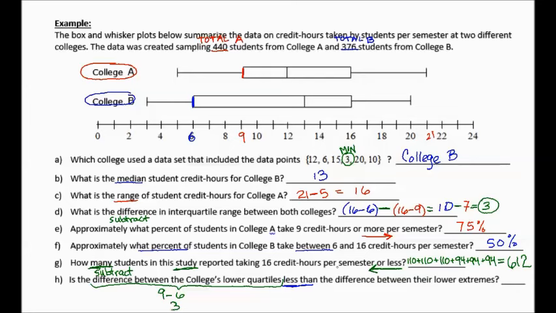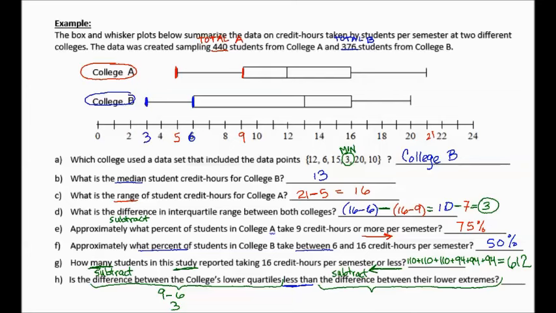Then they want to know the difference between their lower extremes. Again, difference means subtract. So their lower extremes are the very lowest value in the drawing. So for College A, the lowest extreme is here at 5. And for College B, the lowest extreme here is at a 3.